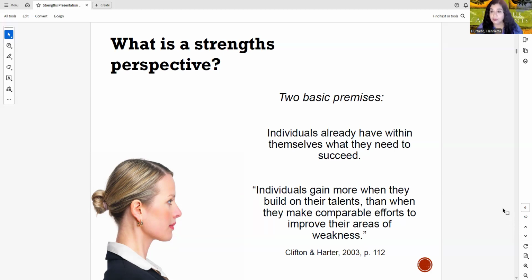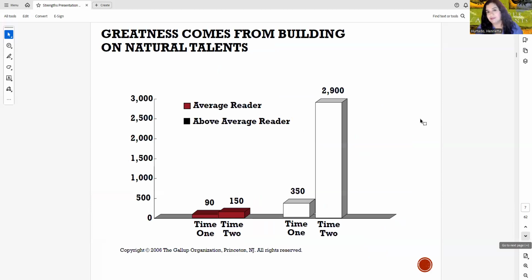And individuals gain more when they build on their talents than when they make comparable efforts to improve areas of weakness. Research has demonstrated that greatness comes from building on natural talents, which is what your strengths are, or your natural skills, instead of weaknesses, or what we lack.